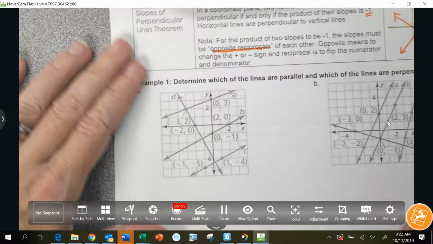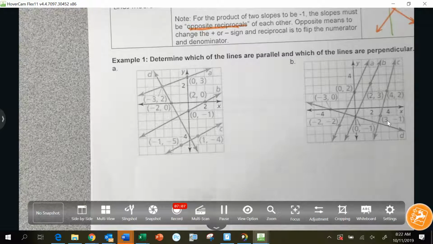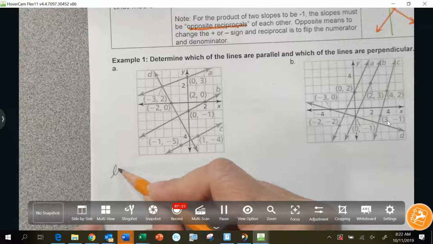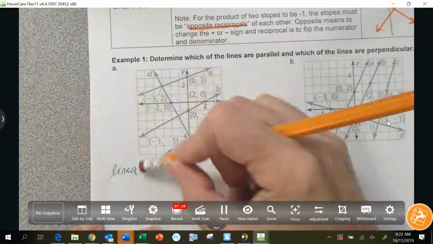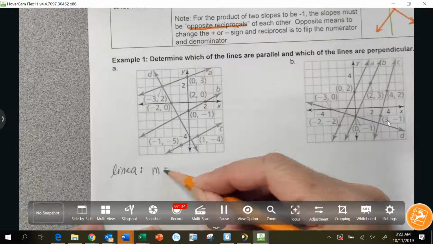So let's look at the slopes in these examples. Example 1, determine which of the lines are perpendicular. We're going to do that by finding the slopes of each line. You might be able to just guess, but we're going to justify our answer by finding the slopes. So line A. Slope.